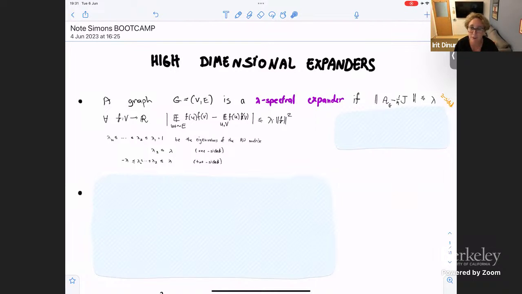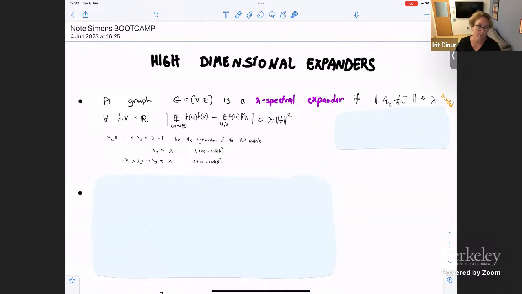And basically it says that a random walk on our graph, which is typically sparse, is going to behave, if you view it spectrally, as if you're just walking from vertex to vertex randomly, choosing the next vertex independently of what happened before. This is a good way to think about an expander: it's a sparse graph, but it approximates the complete graph up to this error term of lambda.